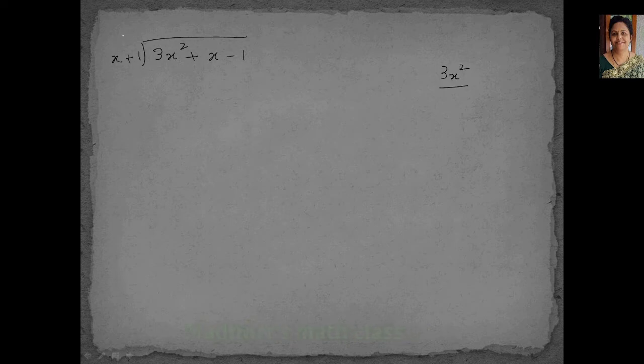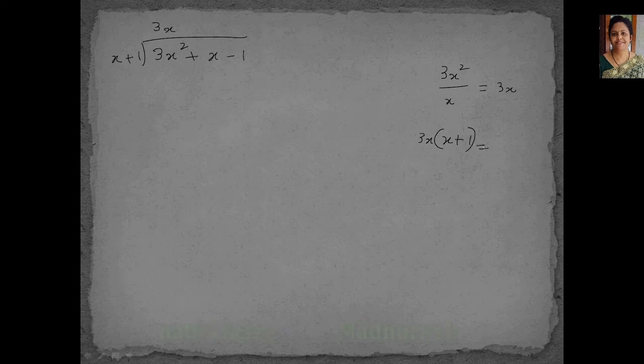That divided by the first term of the divisor, x, gives 3x. So the first term of the quotient is 3x. Now we will multiply the first term of the quotient by the divisor, 3x into x plus 1.